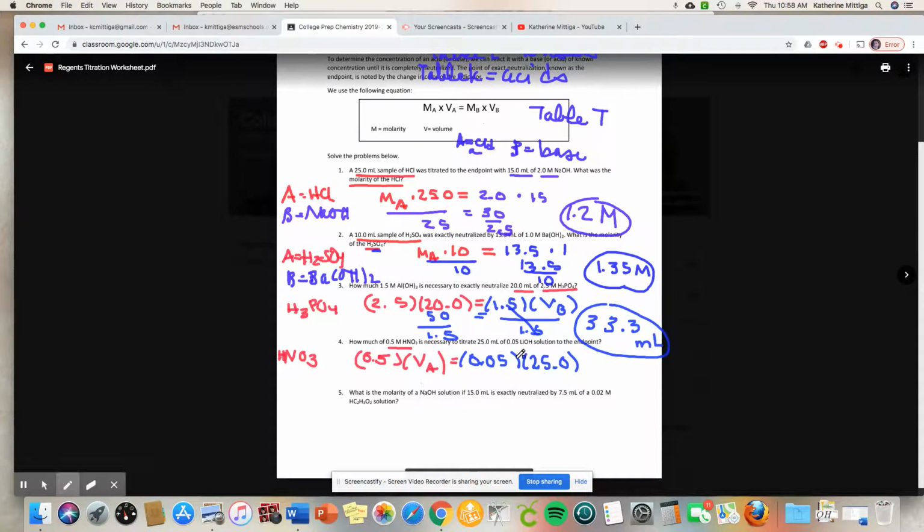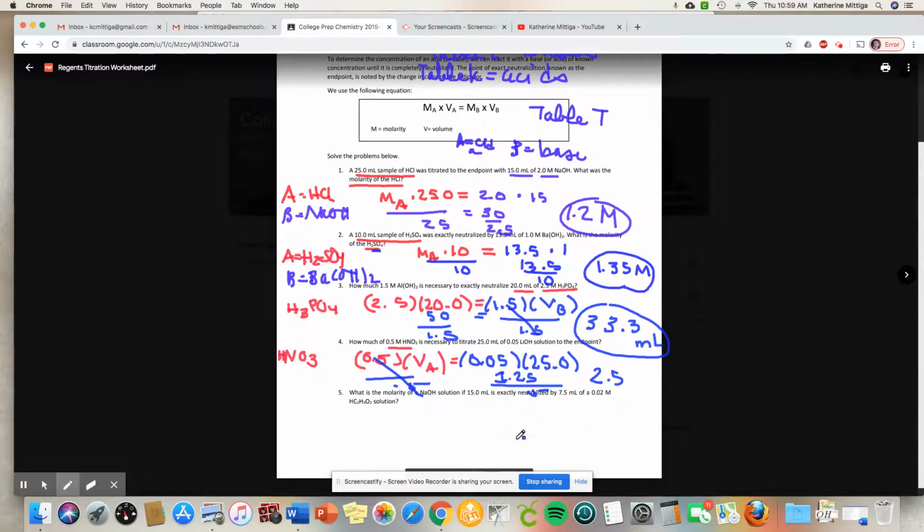Looks like you would multiply those two things together, 0.05 times 25, which is 1.25. Divide both sides by 0.5 to get that by itself, and you get 2.5.